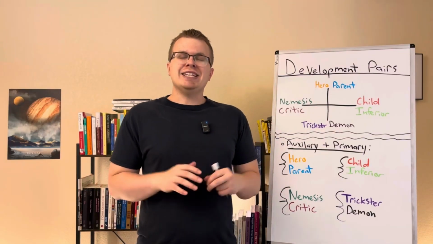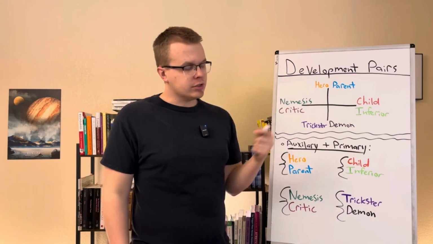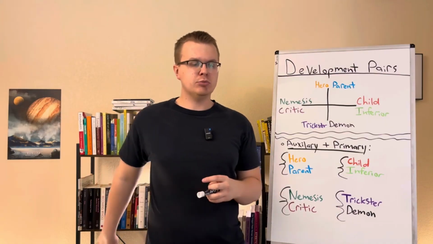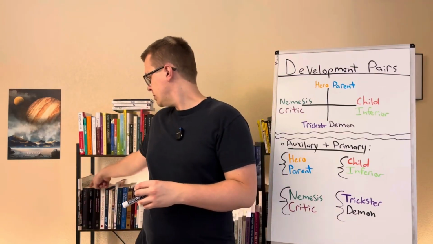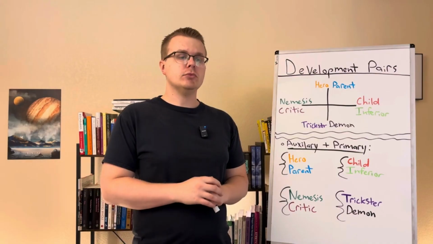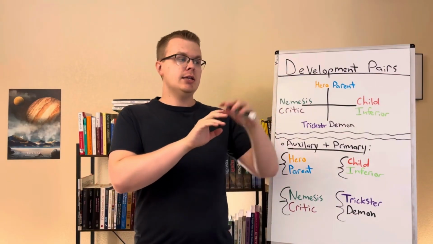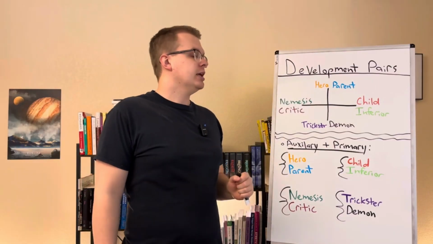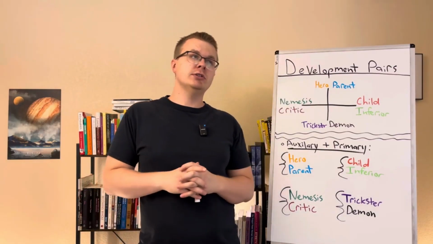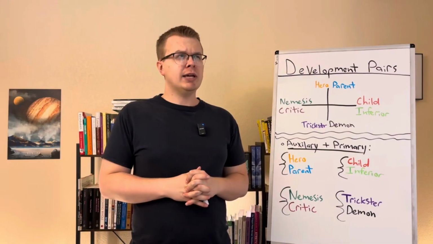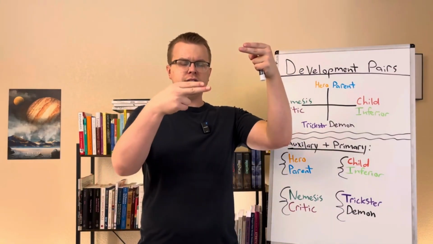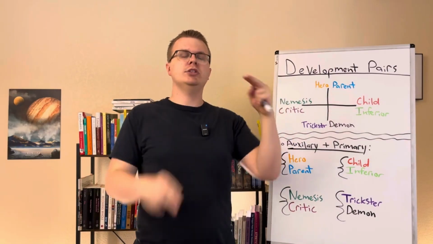Now, there's another part here which we're going to talk about right now, which is that we develop in stacks in terms of pairs. And this goes back to the beginning where Jung, in his book Psychological Types, this one, talked about we have our superior function, and then he talks about the inferior function. Towards the very end of that, he posits that there are some interesting patterns here, that we also have this auxiliary function, this secondary function that is totally different in quality to our hero function.